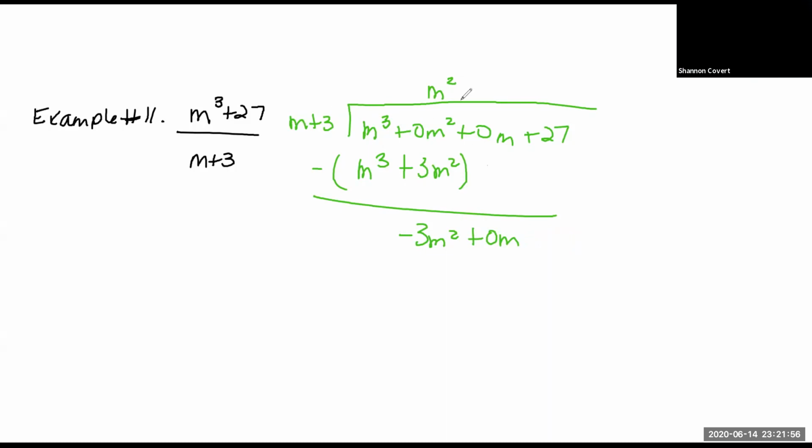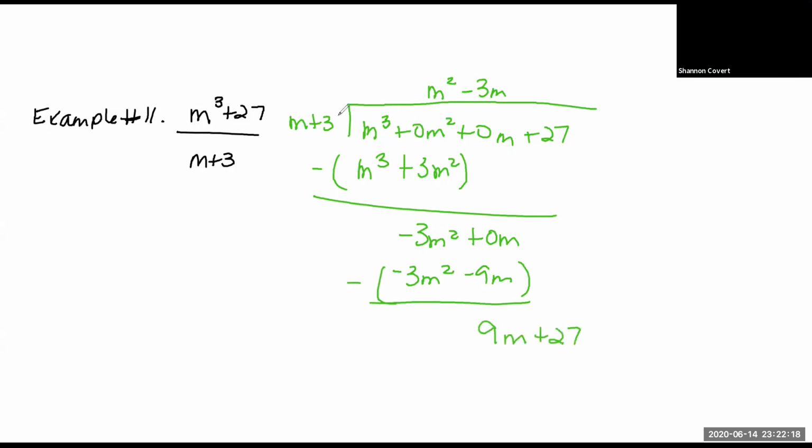M times what gives me negative 3m squared? The answer is negative 3m. Negative 3m times m is negative 3m squared. 3 times negative 3m is negative 9m. I subtract those, I end up with 9m plus 27.